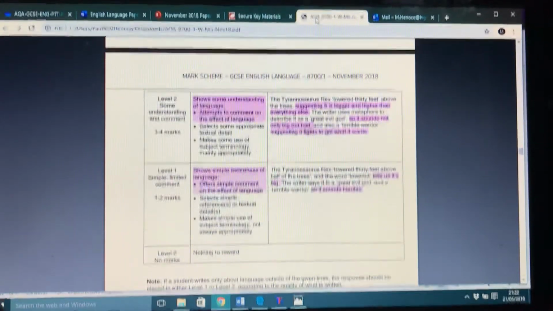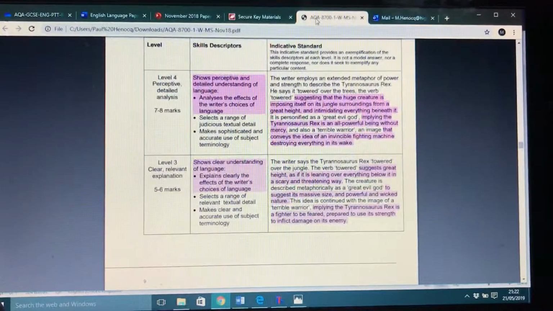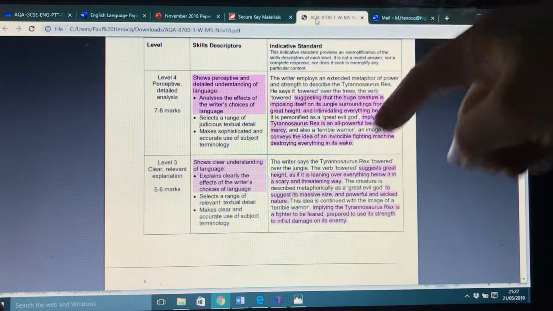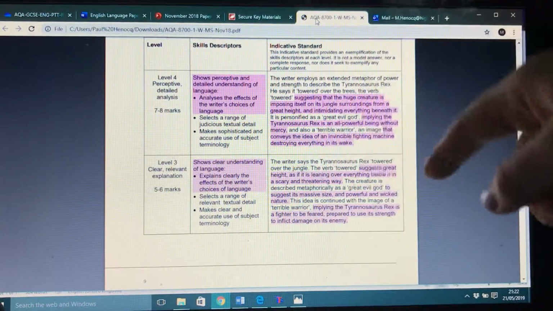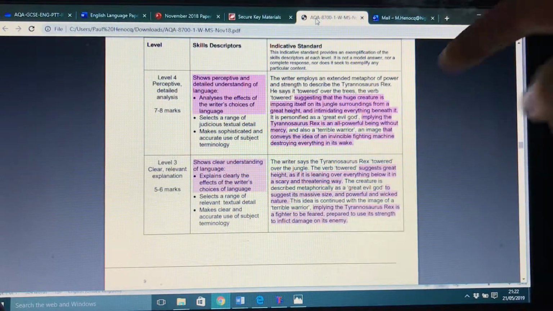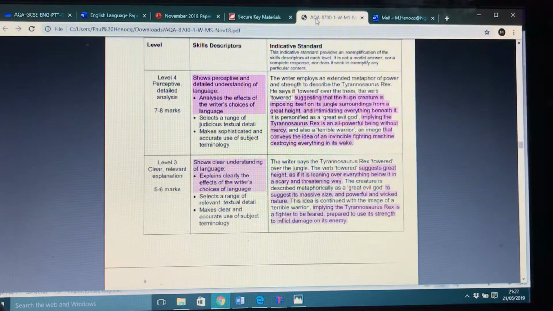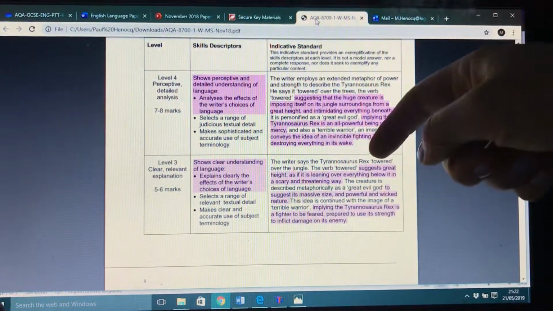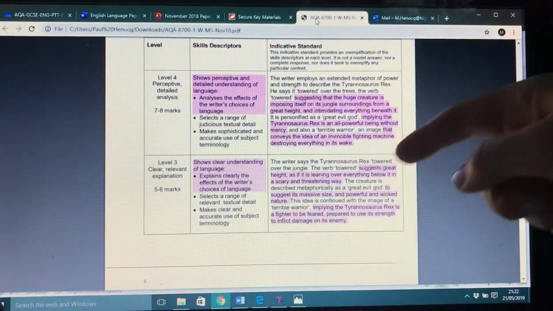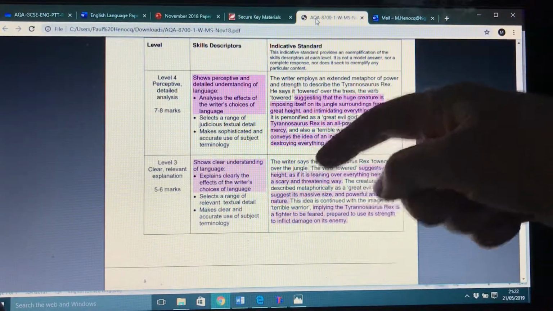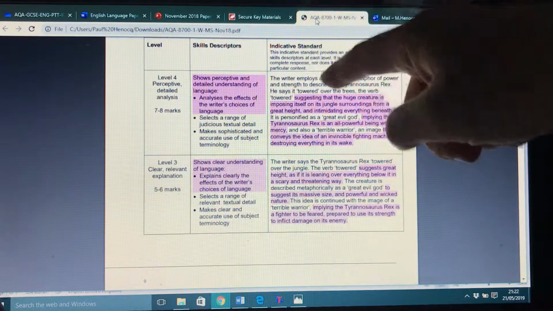All right. Moving upwards, what mark would you give what you've just written? The writer says Tyrannosaurus towered over the jungle. The verb 'towered' suggests great height as if it's leaning over everything. Look at this word: suggests. The creature is described metaphorically as a great evil god. Suggests. And it says it here.